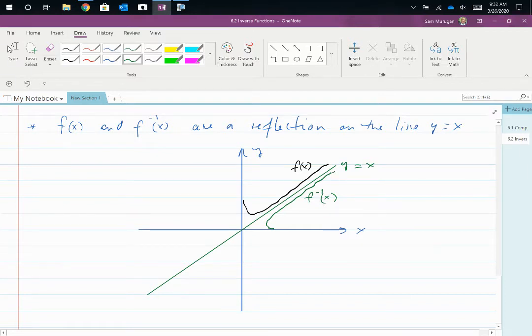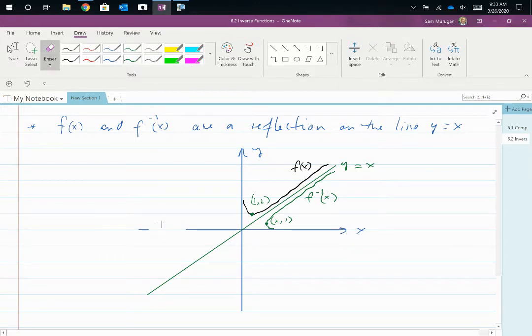And you can see every single domain value on this graph. Let's say the coordinates at that point are 1 and 2. Then this graph would have 2 and 1. As a point, the domain and range values would be flipped around.